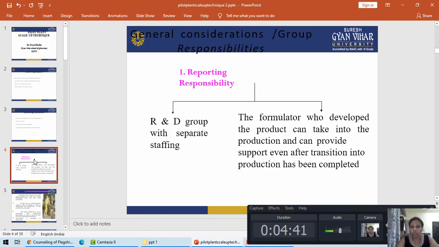So for this we have to optimize the formula again for the large manufacturing procedure. This formula optimization is always done in the middle, after the laboratory scale. After the laboratory scale there is a scale up, or we can say there is a pilot plant.